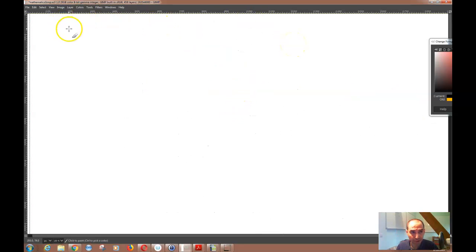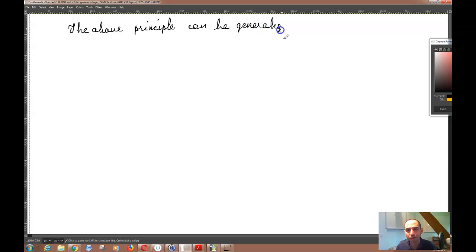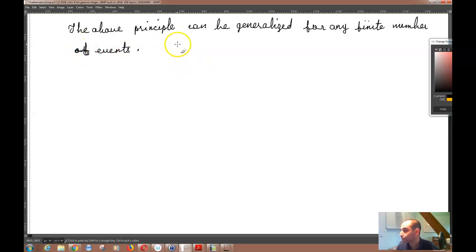So it says that the above principle can be generalized for any finite number of events.